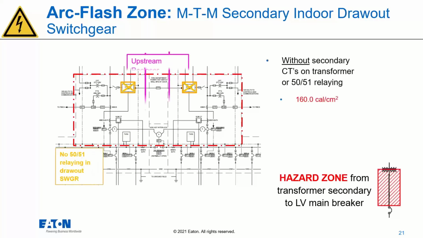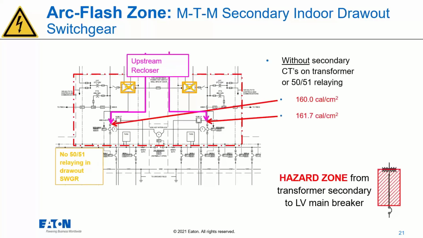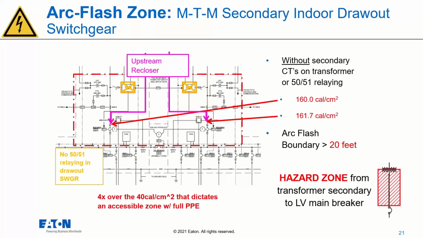Get the values up here. You're looking at about 160 calories per centimeter squared and an arc flash boundary of greater than 20 feet. So that means you have to be at least a 20 foot radius away from the potential explosion to be safe by any means. This is over 4 times the amount of energy that OSHA would dictate as something that is accessible or not.